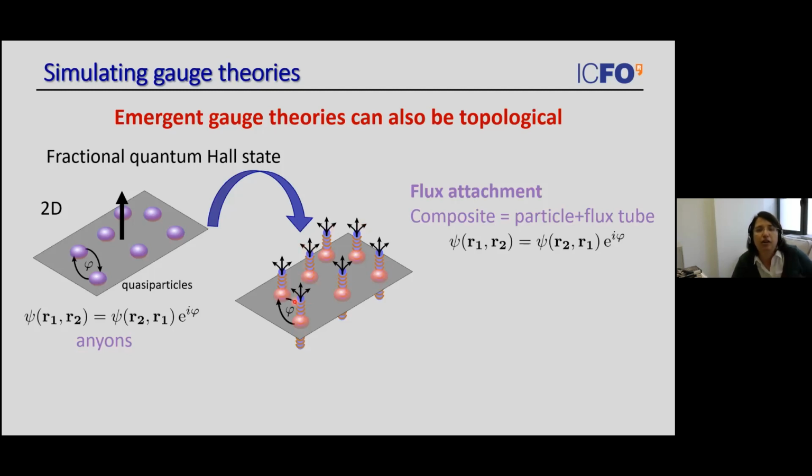And now there would be flux attachment, it's called. So like a mechanism with which each electron would capture one of these flux tubes and form a composite. And now these composites, if you exchange them, you see that you can get a phase different from 0 or pi. So no bosons, no fermions, because you have the Aharonov-Bohm effect.